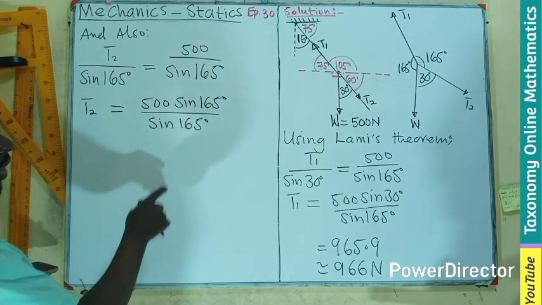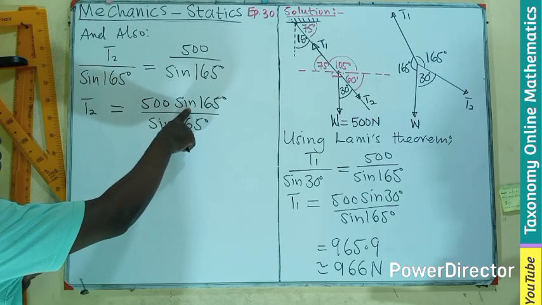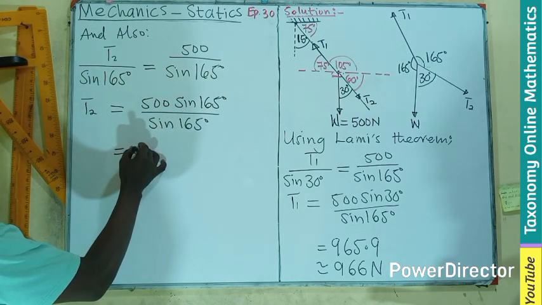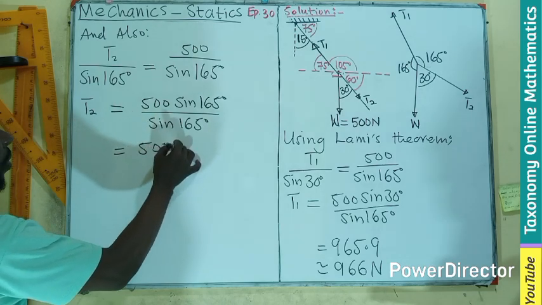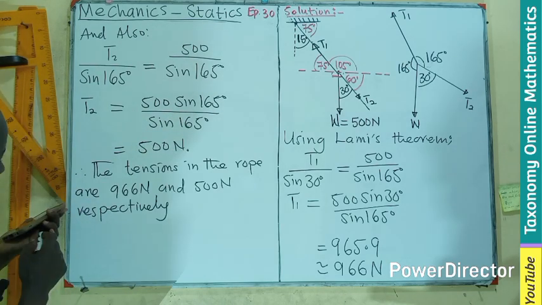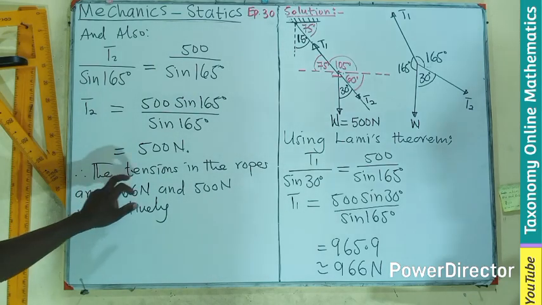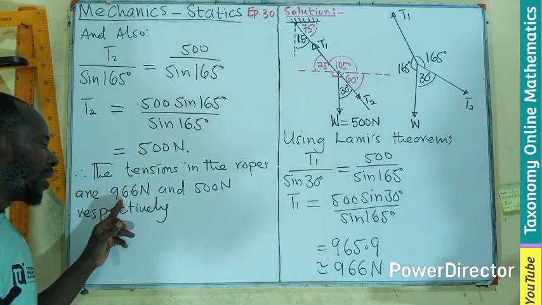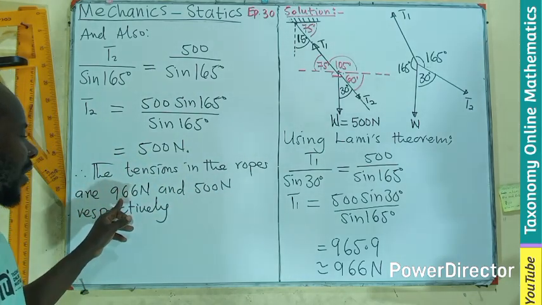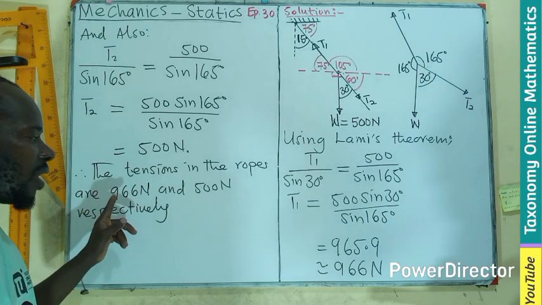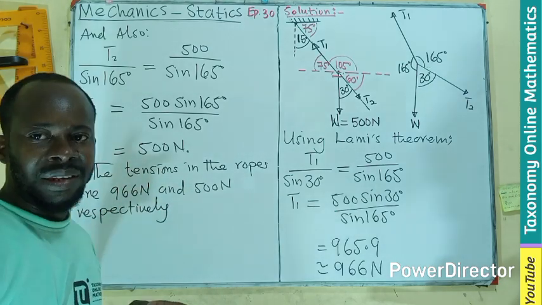And if you put in a calculator, since sine 165 is multiplying this, and in the same way, it will cancel to give you 500 Newton. So by conclusion, we can say that the tension in the ropes are 966 Newton and 500 Newton respectively for the first rope and for the second rope.